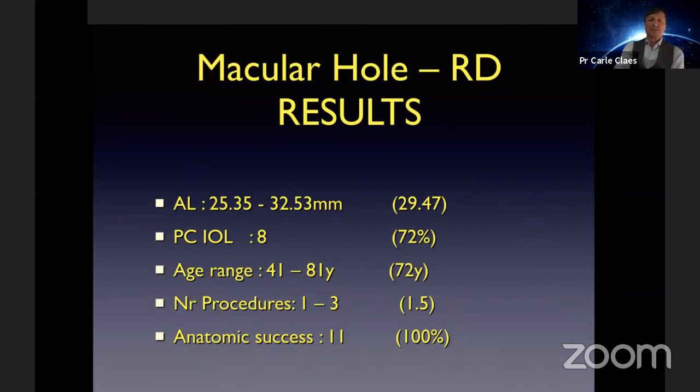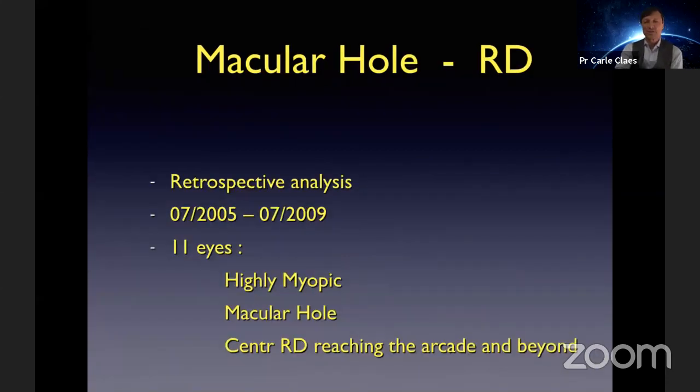Another study that we did was about highly myopic eyes which developed a macular hole retinal detachment. The average length in these eyes was almost 30 millimeters axial length. We could achieve a 100% anatomic success rate by using this technique with a micro endodrainage needle and the silicone oil tamponade without any positioning of the patients.